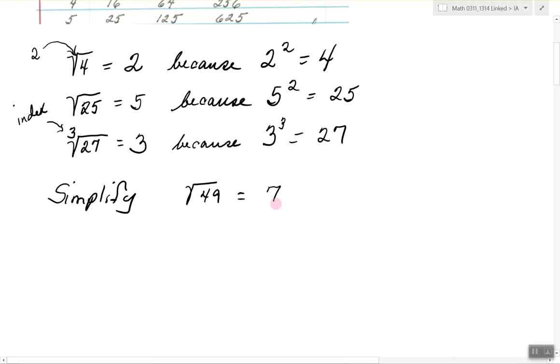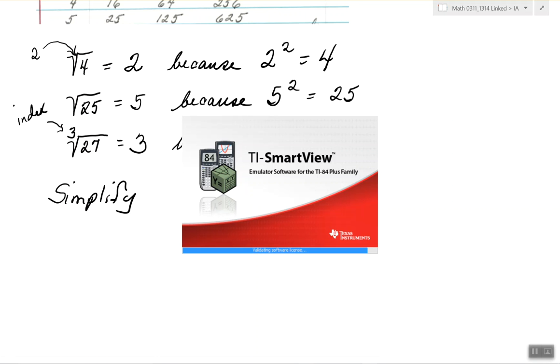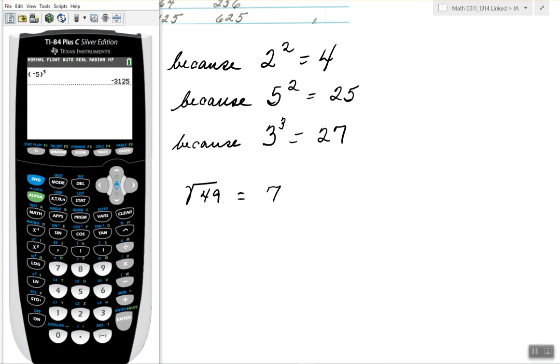Let's look at your calculator for just a minute. Wait for that to load. It seems to be a little slow. All right, here's our calculator. I'm going to clear the screen. And the square root symbol is down the first column on the left, and it is a second function of the x squared.